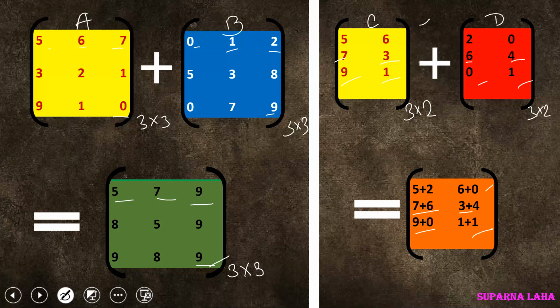Just add them and write down the values: 7, 6, 13, 7, 9, 2. And look at that, the order of this matrix after addition is also 3 cross 2.